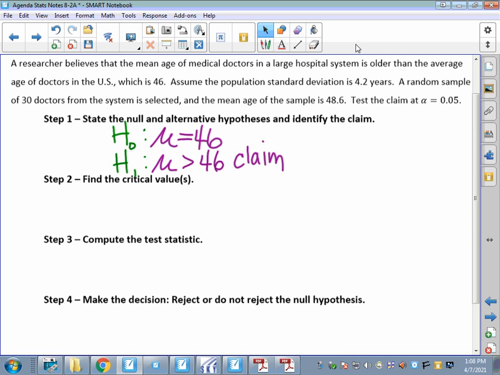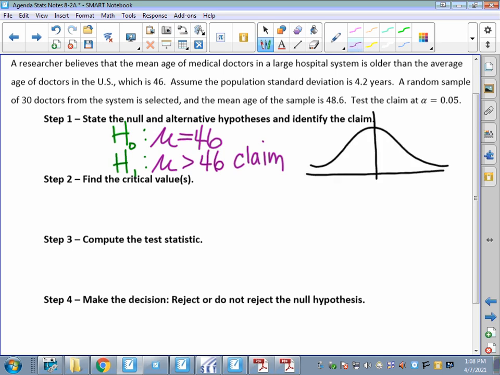So if I draw it over here, here's my mean of 46, and this researcher believes that it is older. Therefore, we know when we find the critical value that this is going to be a right-tailed test, right? Because we shade to the right because we believe that they're greater than.